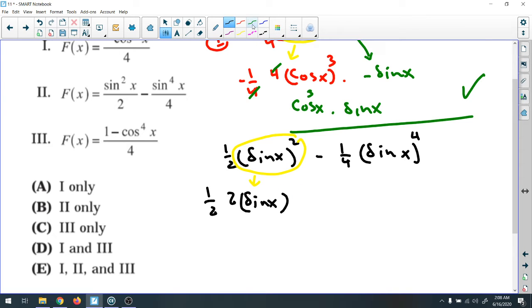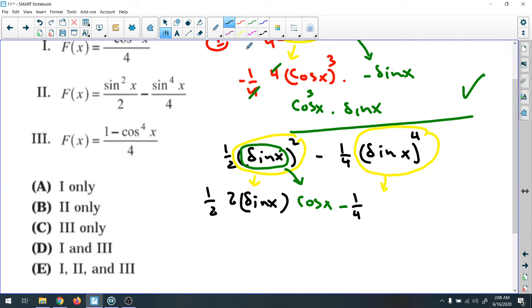Then go inside and find the derivative of the inner function, which will be cosine x, if you remember. Minus, let's do the same here. Of course, we keep 1/4 and apply the chain rule to sine x to the 4.